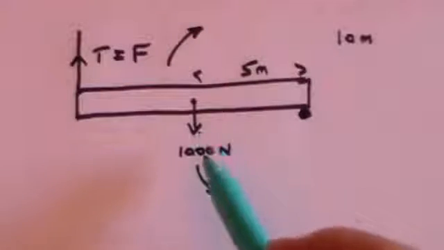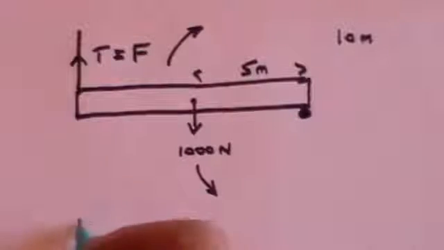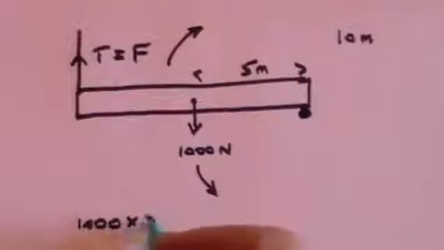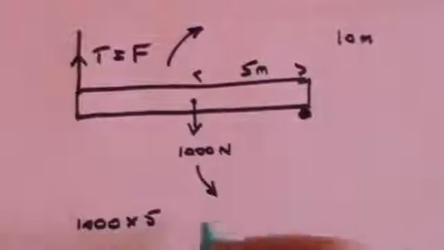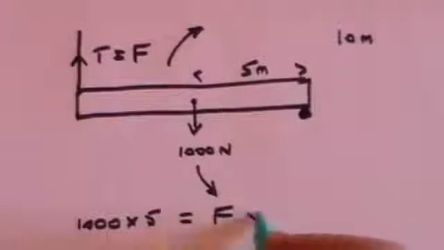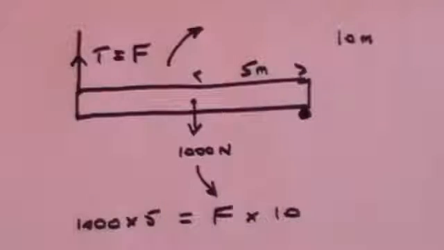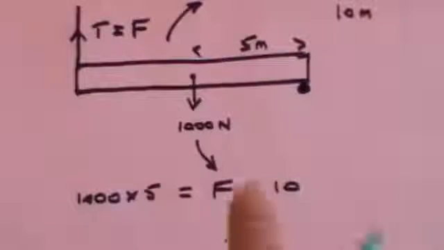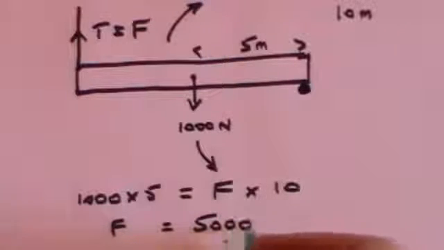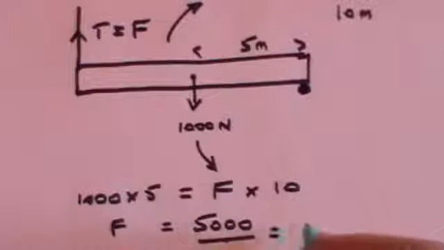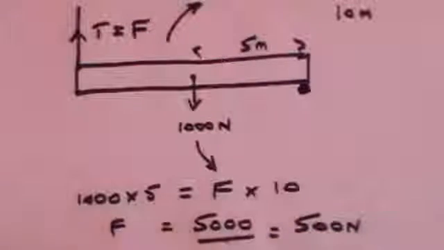Well, in this case, we've got a force times a distance, which is 1,000 times 5. And in this case, we've got a force which is unknown times 10. And that means that F is going to be 5,000, which is 1,000 times 5, divided by 10, which is 500 newtons.